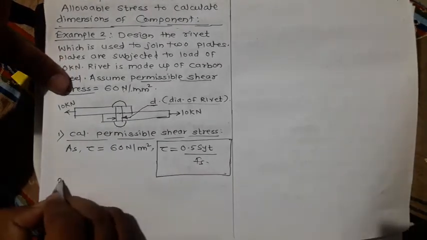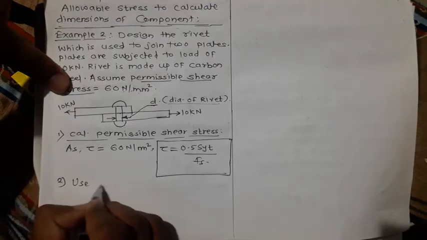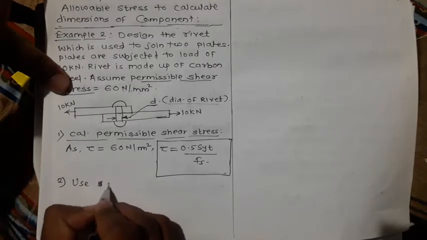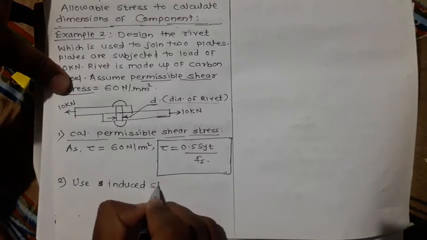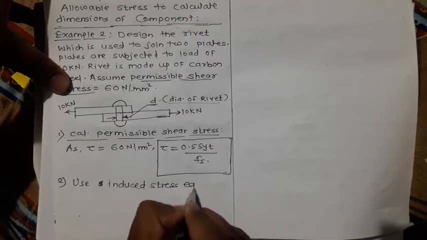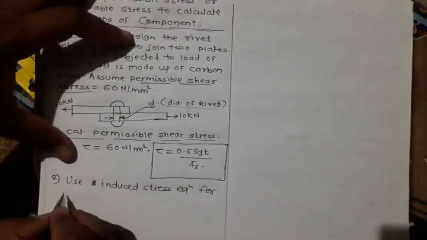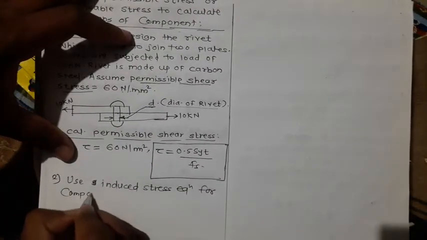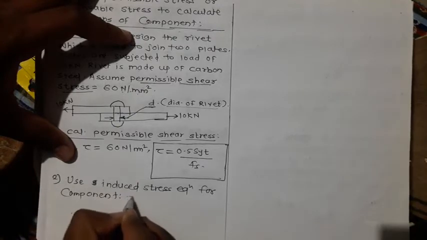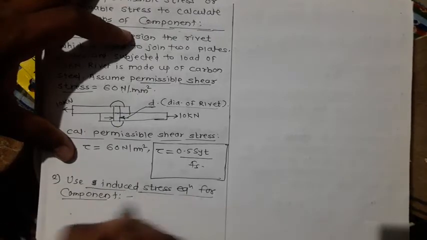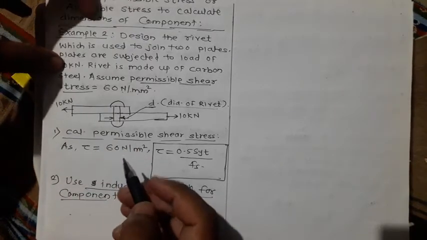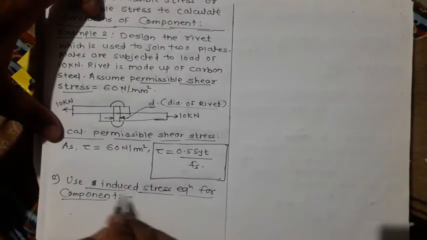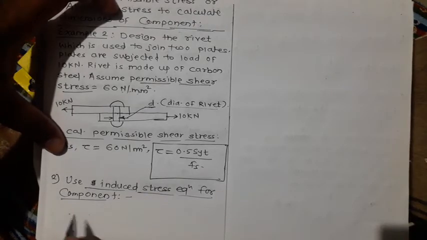Now second point is use induced stress equation for component. Now as we all know that this rivet is subjected to shear stress, so we must write down the induced shear stress equation.